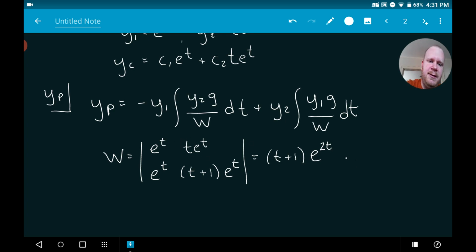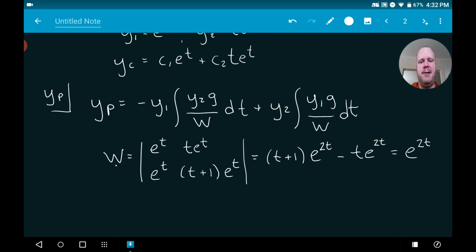And this is minus t times 2t. So we have t times e to the 2t minus t times e to the 2t. Those two cancel out, plus 1 times e to the 2t. So we have e to the 2t.